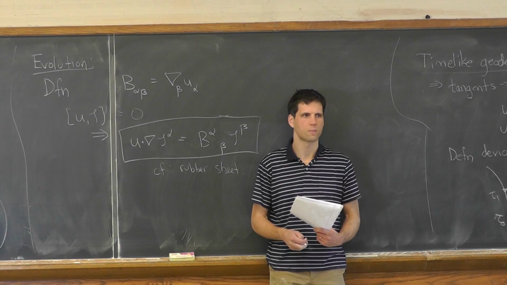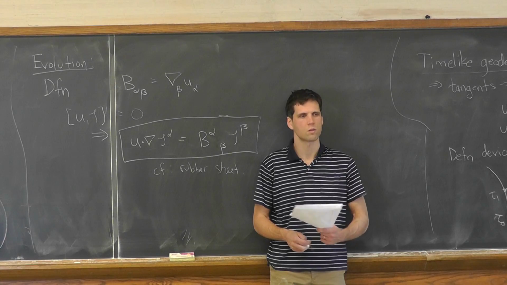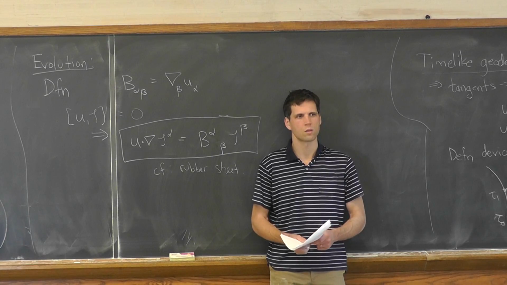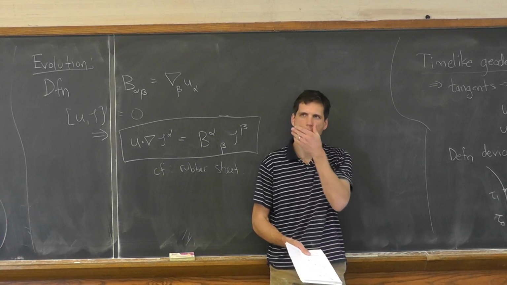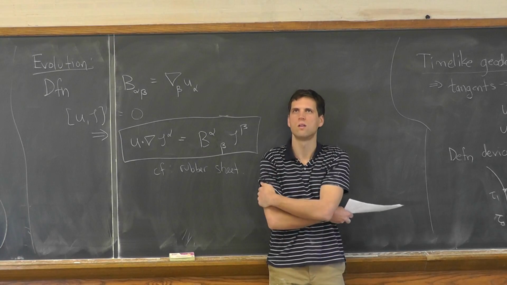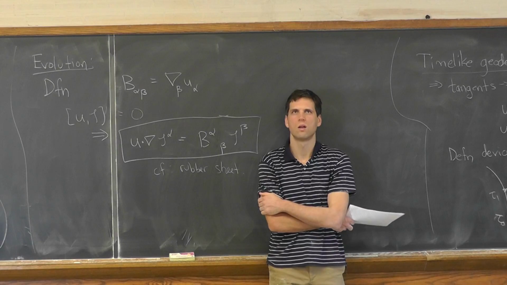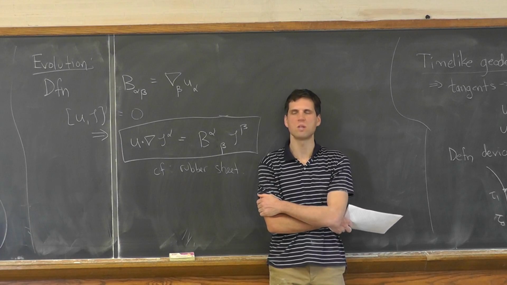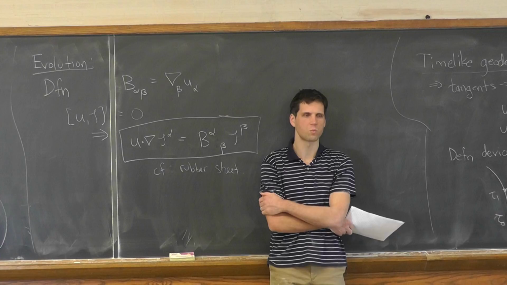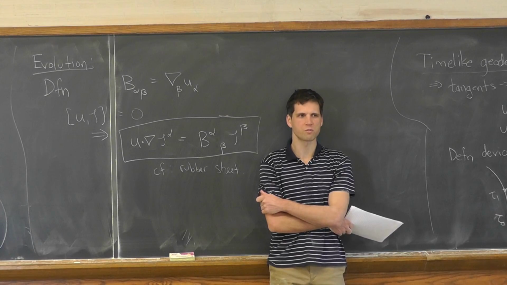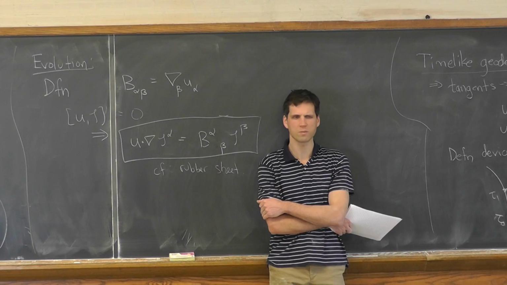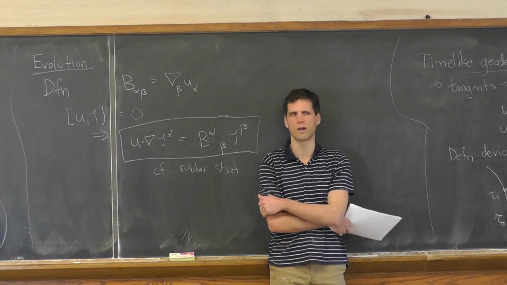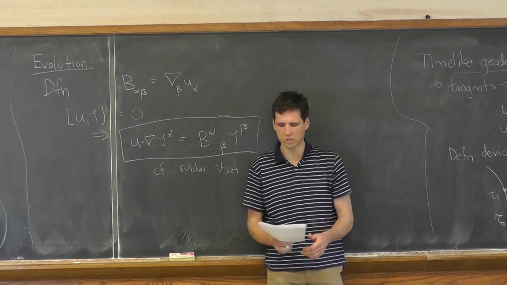So if you want it more than infinitesimal, would you exponentiate? I don't think exponentiating B would do it, because then you'd have to deal with all sorts of tricky curvature contributions. We're never going to do that. It's kind of like with geodesic deviation.